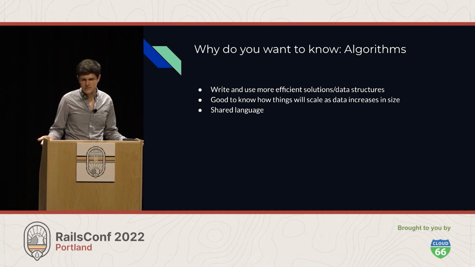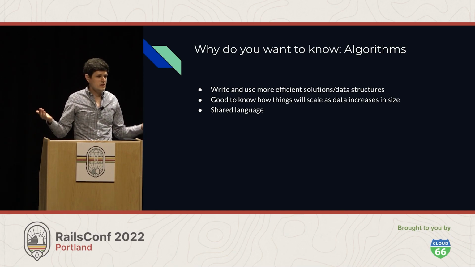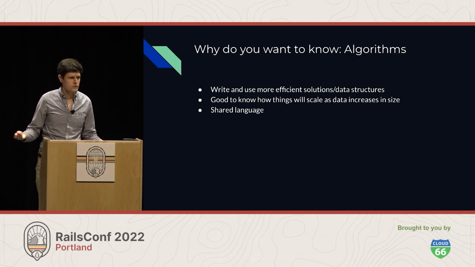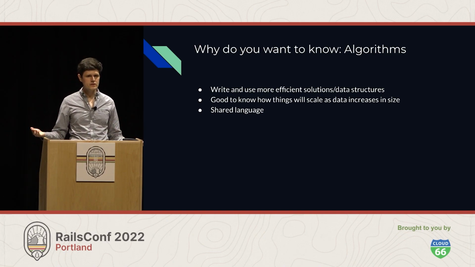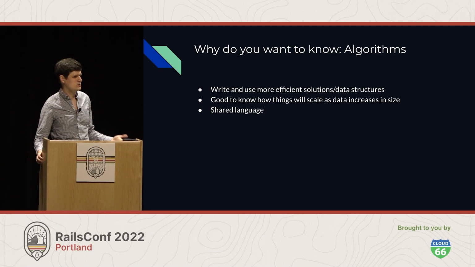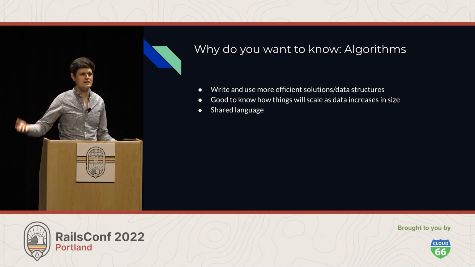So having talked about algorithms, the great thing about them is if we know them, we can use them. Whether or not that means we're writing the algorithms ourselves, or we can use something like Ruby's bsearch to speed things up a little bit. Also, data structures are oftentimes analyzed with that same big O and similar notations. So there might be linear access time for a data structure or constant write time.